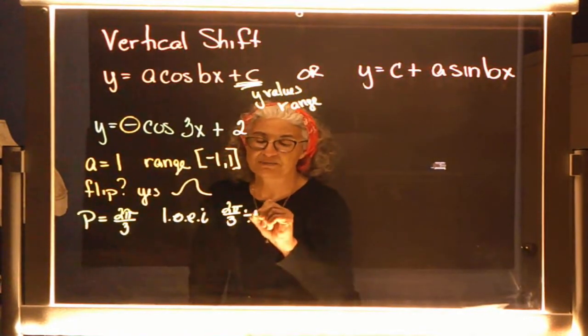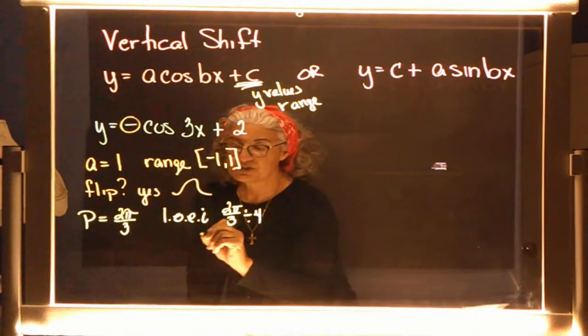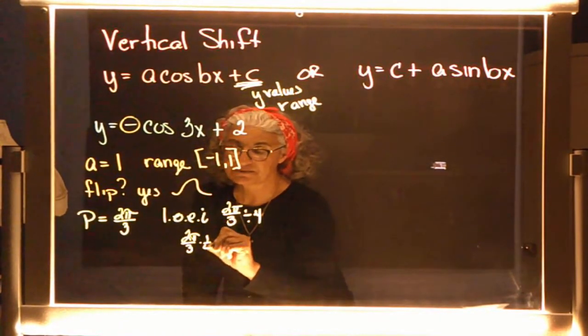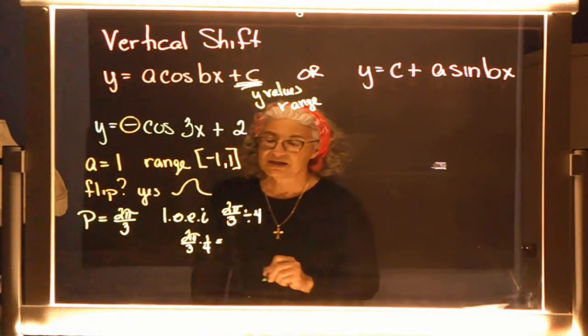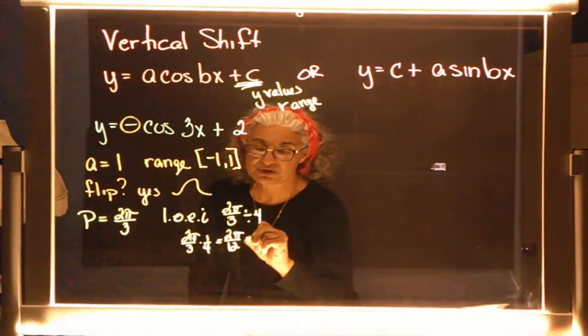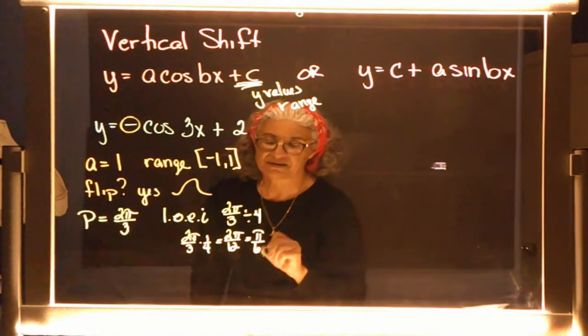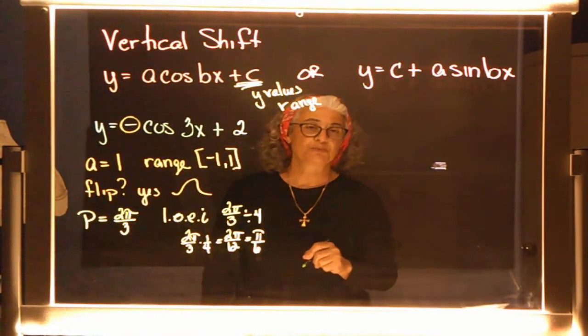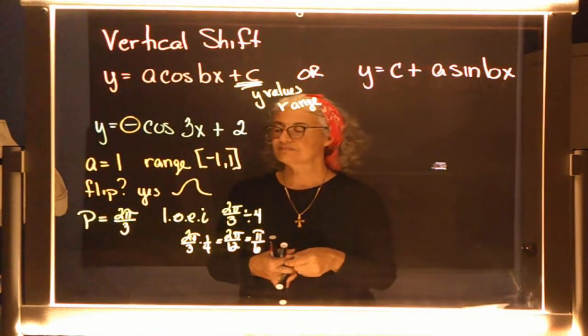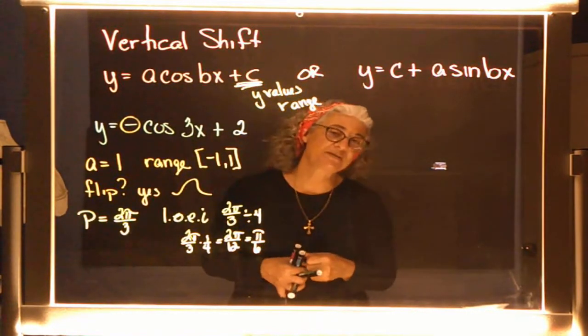Good, you're going to divide by 4. And when you do that, you have to remember to multiply by the reciprocal, right? Which, yep, 2 pi over 12, which reduces to pi over 6. So the length of each interval will be pi over 6. Good?